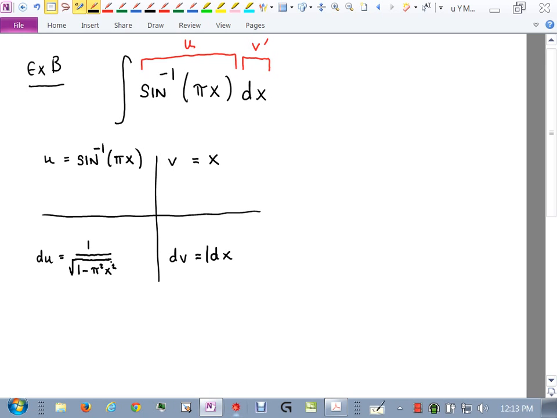Before dx, chain rule, I had to take the derivative of what was in there. Pi, right? Because the derivative of pi x is pi. So why don't I throw that pi up on top? Instead of a 1 on top, I'll put the dx out here. So the derivative of arc sine of pi x is 1 over the square root of 1 minus pi x squared times pi dx. And that's this.